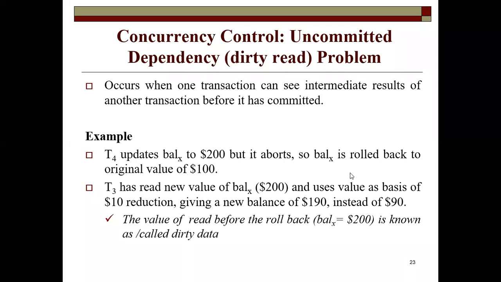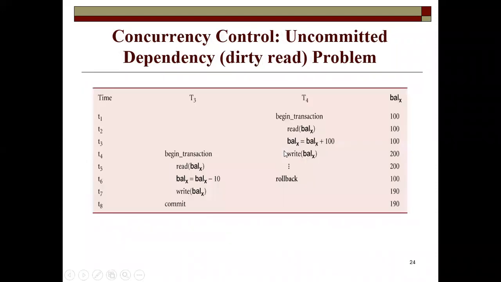So let's look at the example to make it clear. Again, we have columns where we have the time, then transaction 3 and transaction 4. In transaction 3, our goal is to make a withdrawal of 10 on account X, while in T4, the goal is to make a deposit.